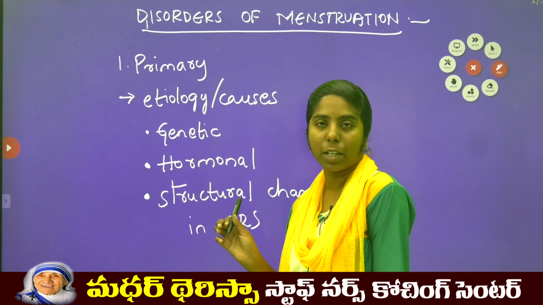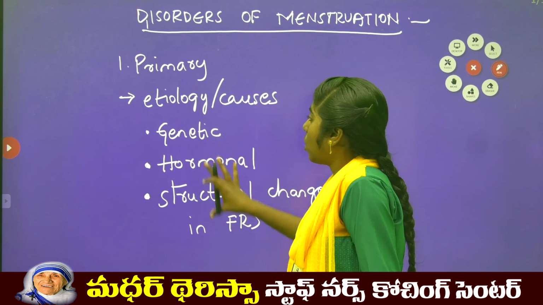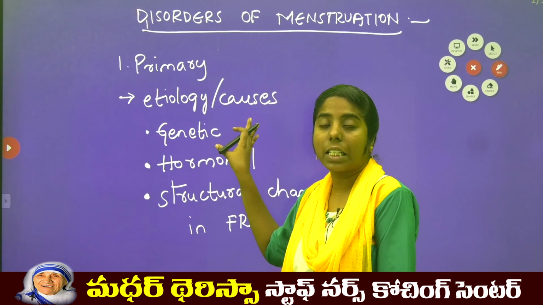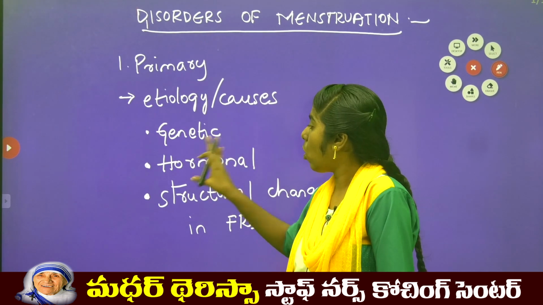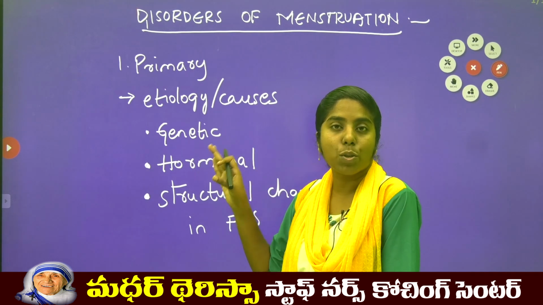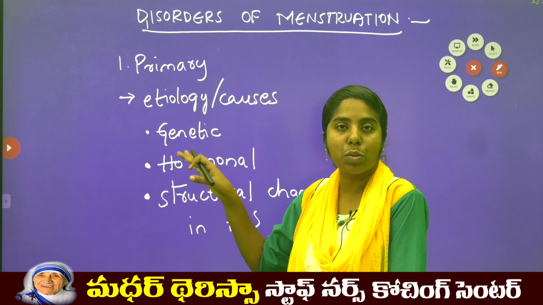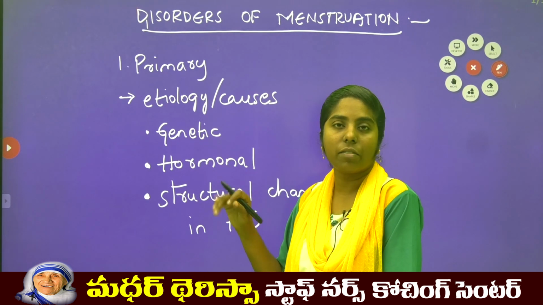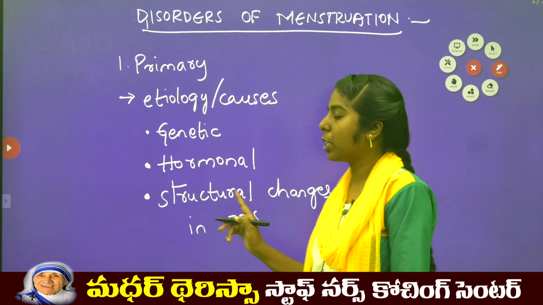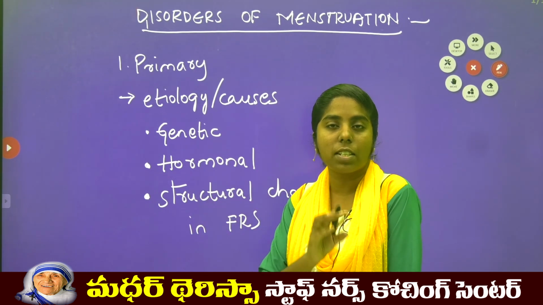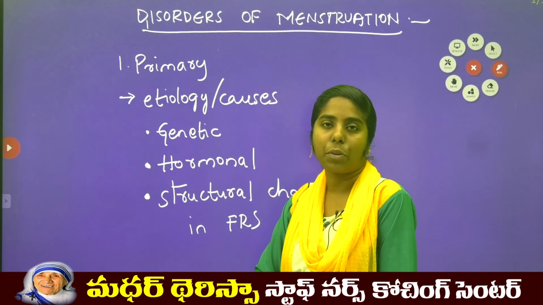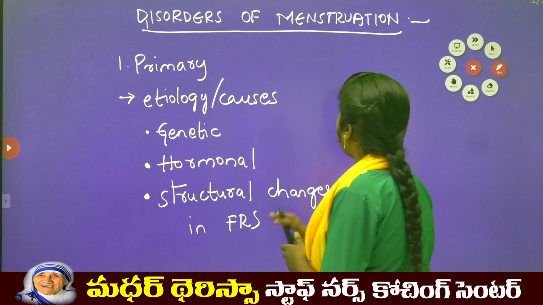These are some causes of primary amenorrhea. Genetic means genetic changes within the ovaries. Hormonal means any imbalance in the secretion of hormones from the anterior pituitary or hypothalamus, or of estrogen and progesterone. Structural changes means that if there is any missing organ within the female reproductive system, it might cause primary amenorrhea.